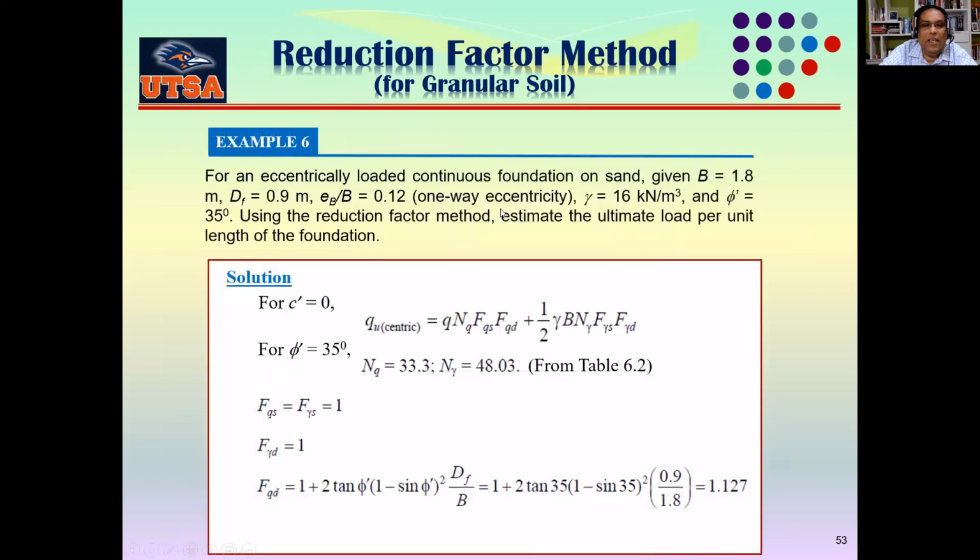So here is your example, the same example actually. Is it the same? No, it's not the same example, but a little bit different here. So you can see here that for an eccentrically loaded continuous foundation on sand, given B equal to 1.8, D_f equal to 0.9, e_B by B equal to 0.12, one-way eccentricity, gamma equal to 16 kilonewton per meter cube, and phi prime is equal to 35 degrees.